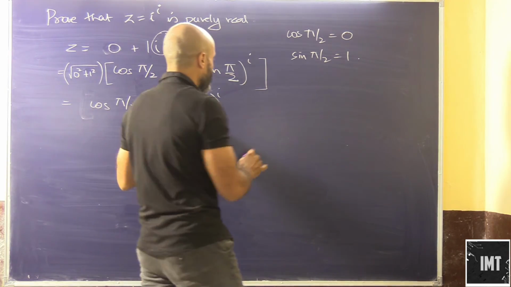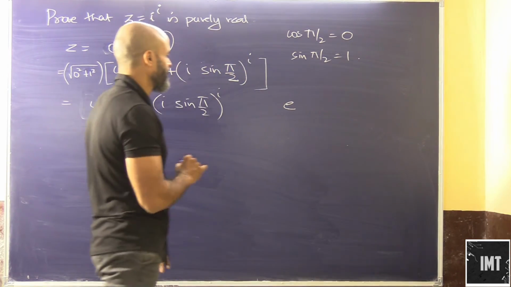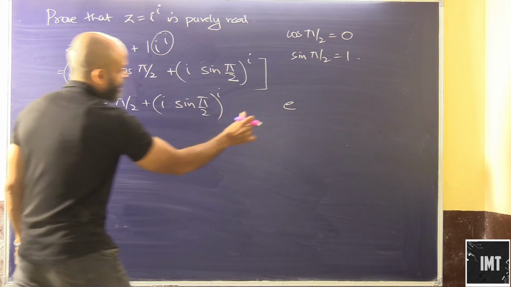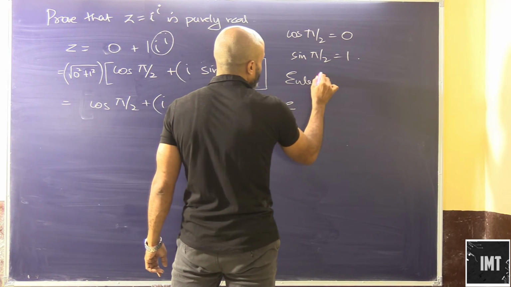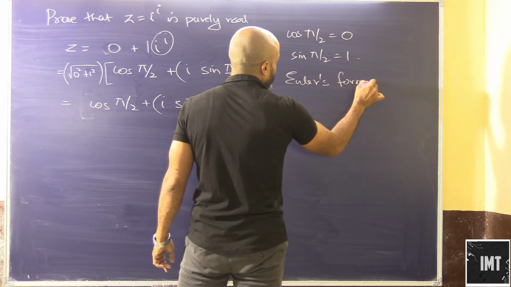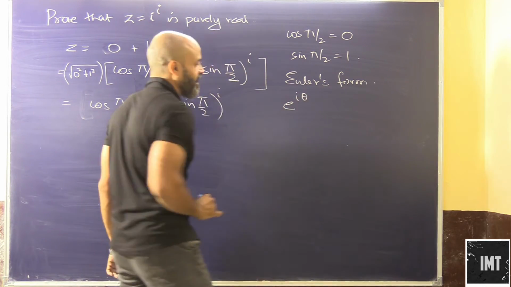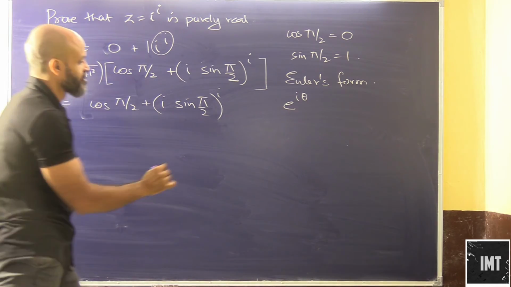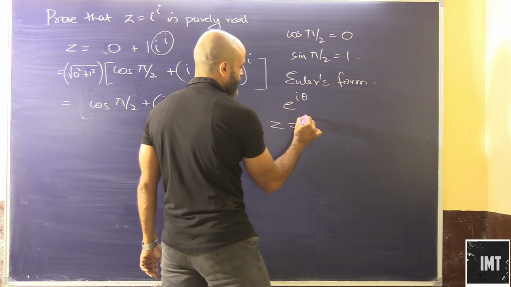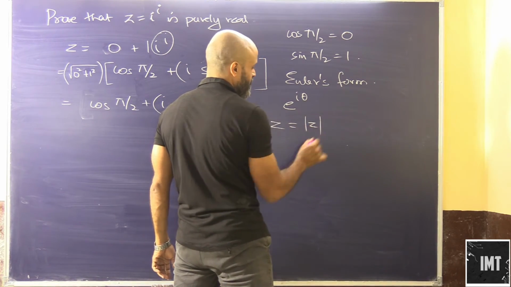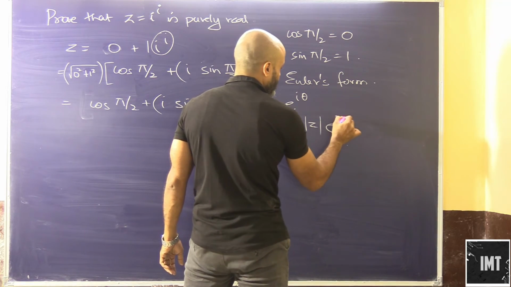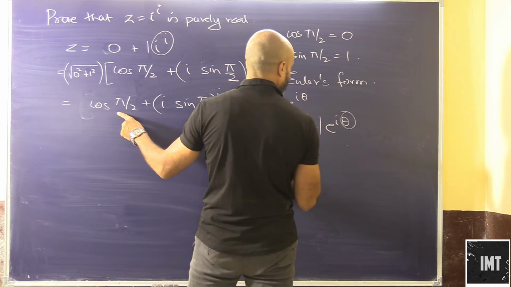Okay, so in this case we can write it in the form of e. See, in Euler's form we write it as e to the i theta. If a complex number is represented by z e to the i theta, where this theta is basically this pi by 2.